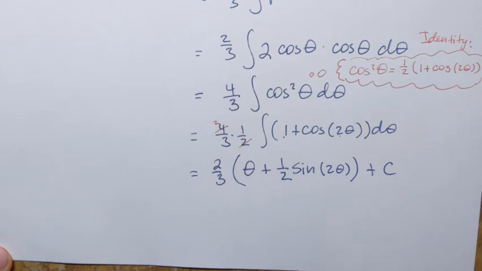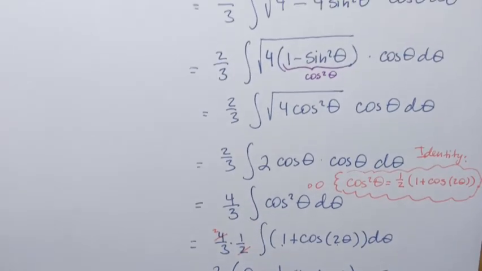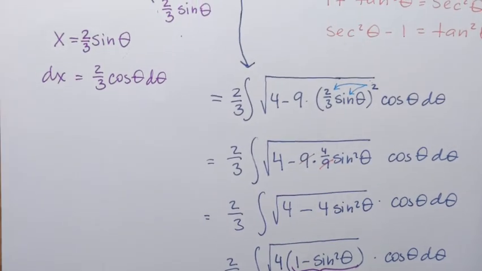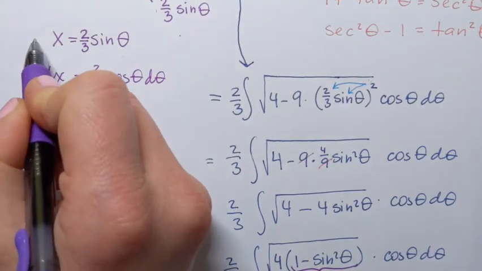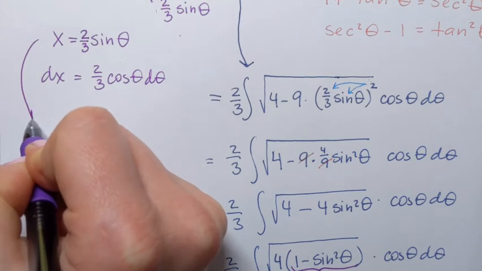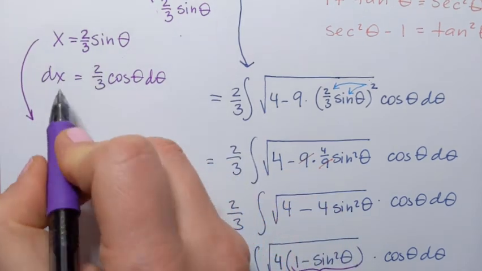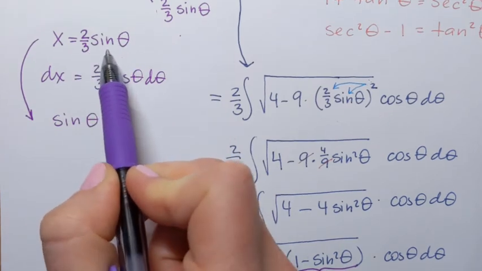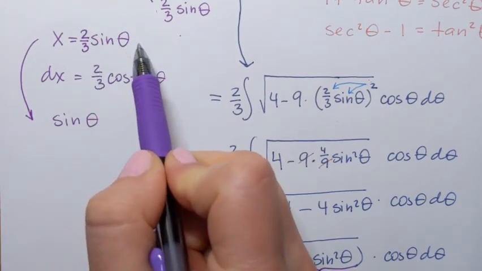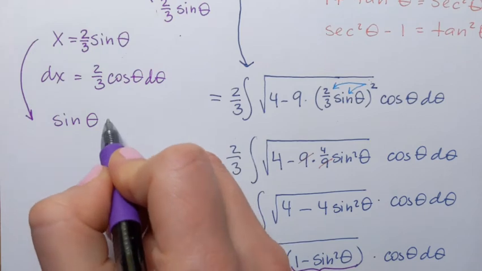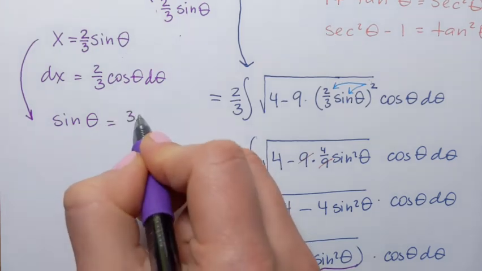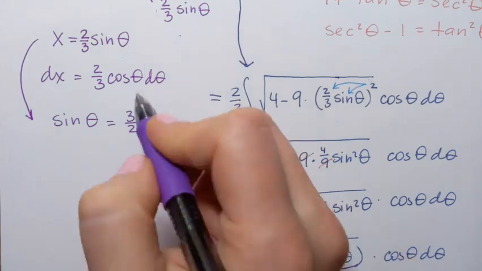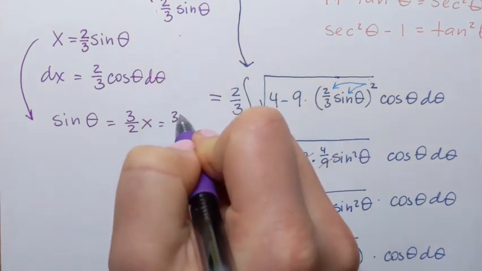Let's go back to our original substitution and think about it. Okay, so here it is. From here, I can rewrite it and say that sine of theta is, okay, so I'm trying to get it by itself. It means that I have to multiply by 3/2 on each side, right? So it's 3 over 2x, right? Or I can also write 3x over 2, like that.